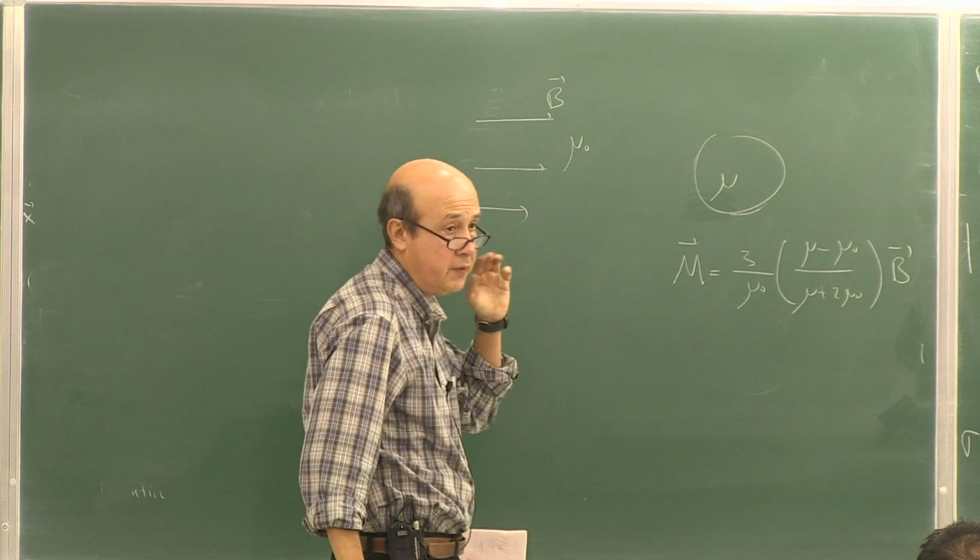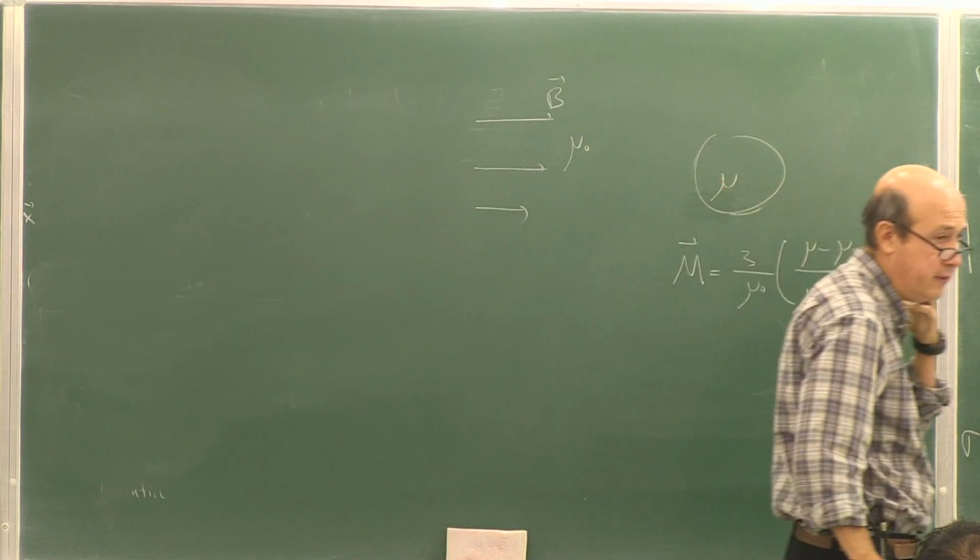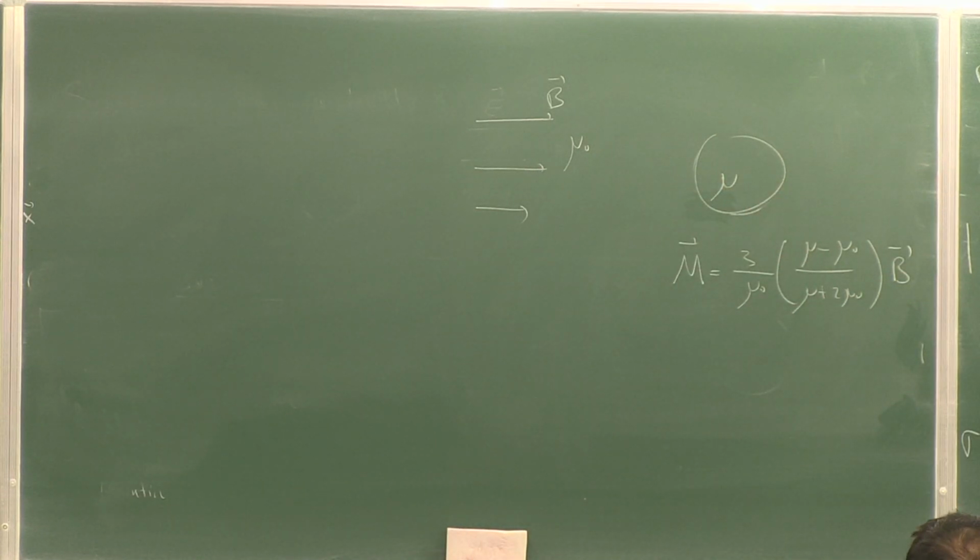So, but this was for a material with some magnetic permeability. If it is a perfect conductor, what is the mu of the perfect conductor?